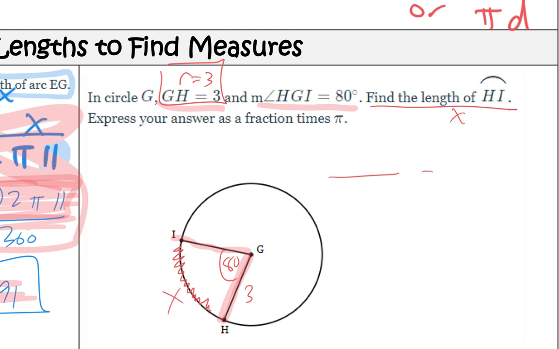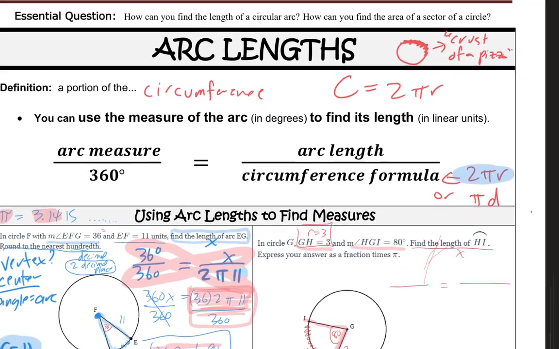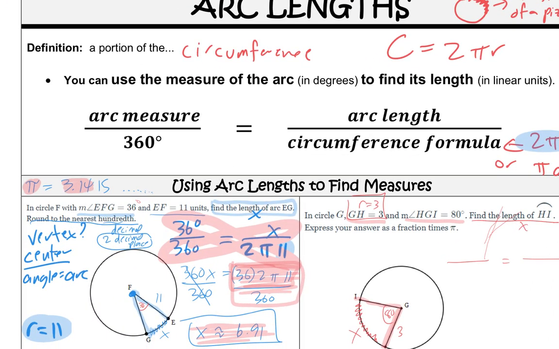All right, so now that we have it set up, let's go and use our formula just like we talked about. What did we say our formula was? Okay, we said our formula was arc measure over 360 degrees. So the arc measure is the same as this, right? So if that's 80 degrees, we know that has to also be 80 degrees, right?